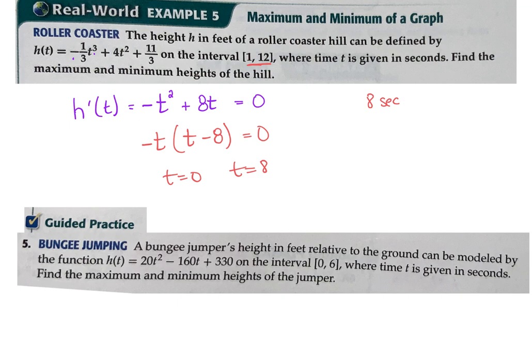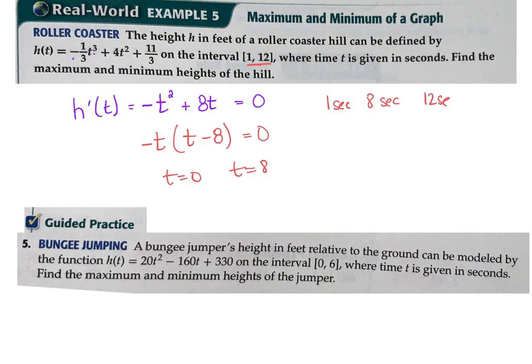So they actually want us to find, on the roller coaster from 1 second to 12 seconds, what's the highest value. Now, here's the deal. When you have a closed interval like this, it is possible that your highest value happens at your endpoints as well. So you need to check your critical number, which is a turn, either a peak or a valley, and you also need to check your endpoints.